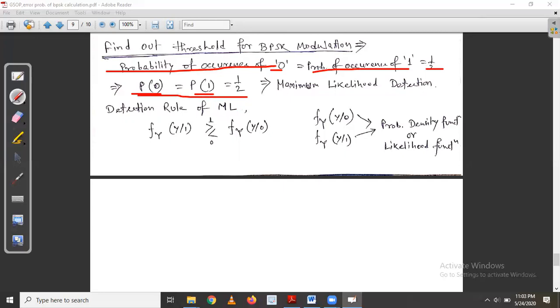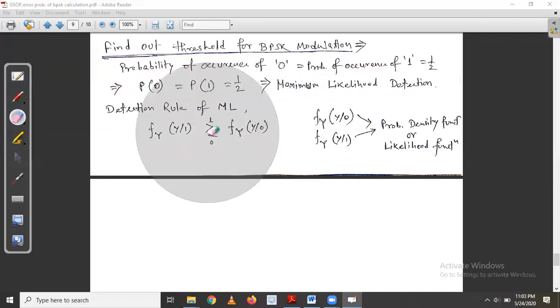So we can write down this one. This is known as maximum likelihood detection or the maximum likelihood concept, when the probability of occurrence of 0 is equal to the probability of occurrence of 1. Both are equal. Okay. So what is the maximum likelihood detection rule? This is also a probability density function, or likelihood function.